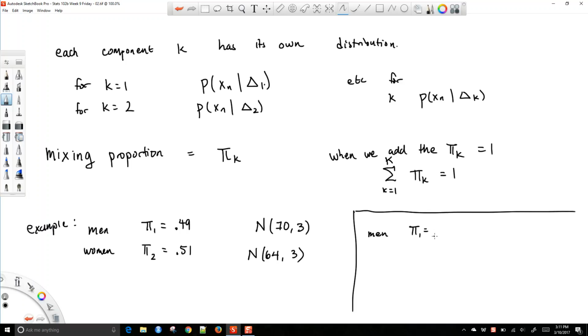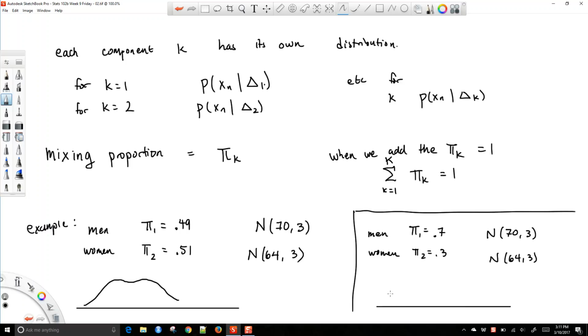So here we would have 0.7, and women would be 0.3, and we could still say it's normal, 64 and 3 or something like this. Thus the resulting distribution here would probably look something like this, whereas over here it would probably look more like that. This is exaggerated, but not so wiggly, something like this.